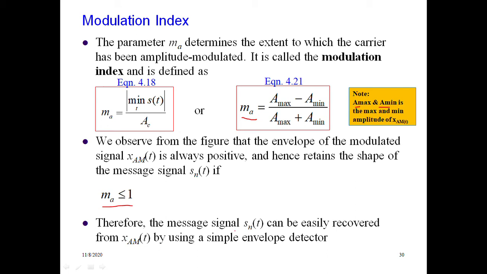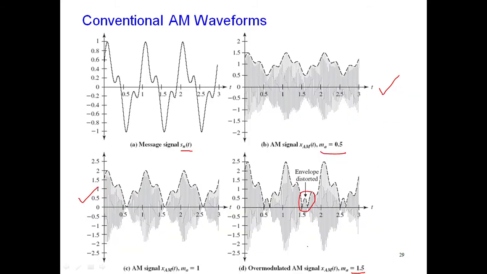Therefore, the message signal can be easily recovered from the modulated signal by using a simple envelope detector, because you can detect the original message signal at the envelope.